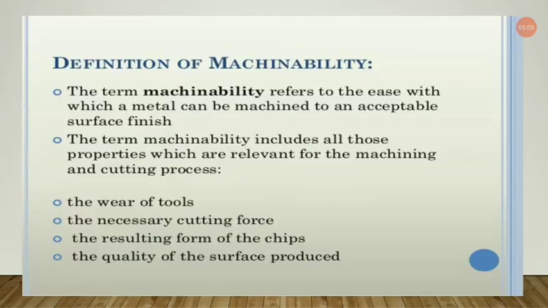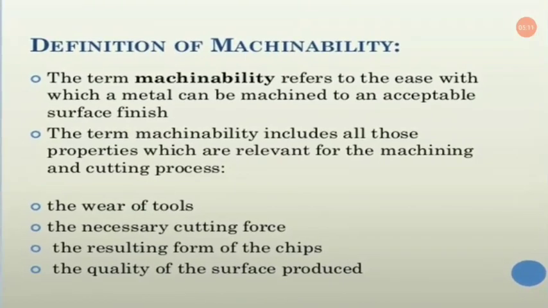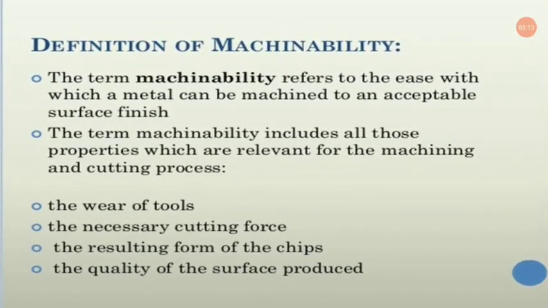Next, let us discuss the concept of machinability. Look, machinability is the characteristic of the work material expressing its ease of machining. However convenient it looks, it is a characteristic which is difficult to quantify.